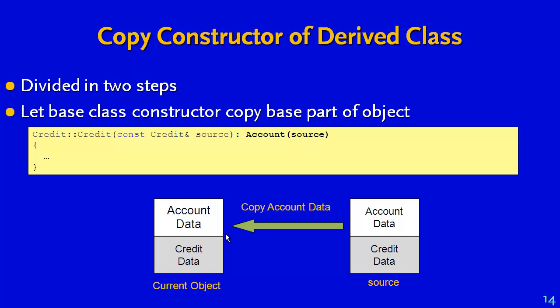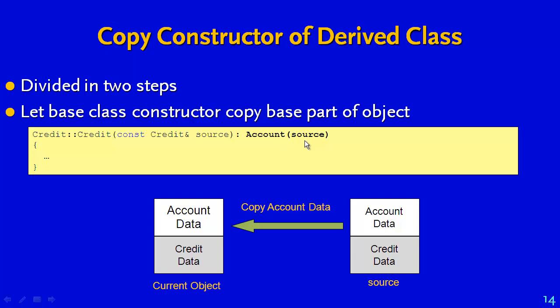So here we are. Copy constructor, that's a tricky one now. So what's a copy constructor of a derived class? In particular, the credit class here, which is derived from account, of course. So by definition, the copy constructor takes a const reference to an object of the same class. So that's the way you do it. It calls, again via colon syntax, we said that already, but basically we call the account with the source.